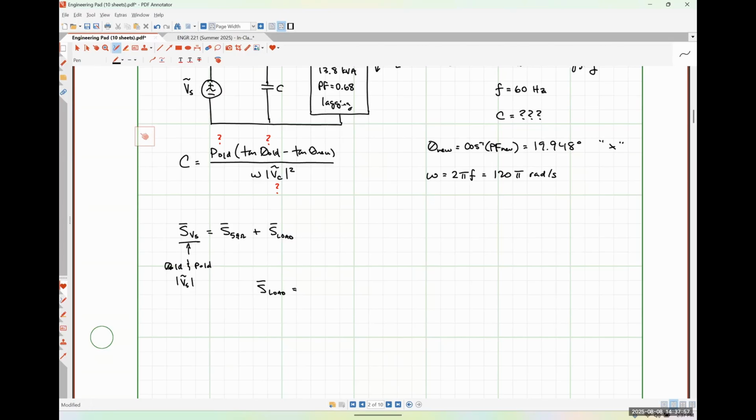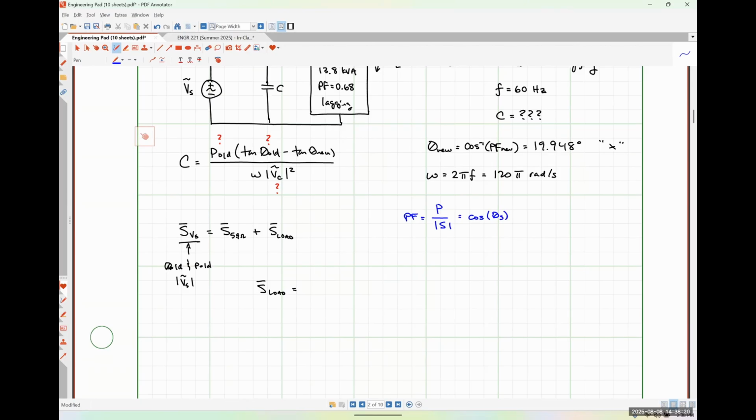So, sorry, I'm going to write this in a different color here. In our last class meeting, we defined power factor to be average power over apparent power, and it was the same as the cosine of our power factor angle, right?